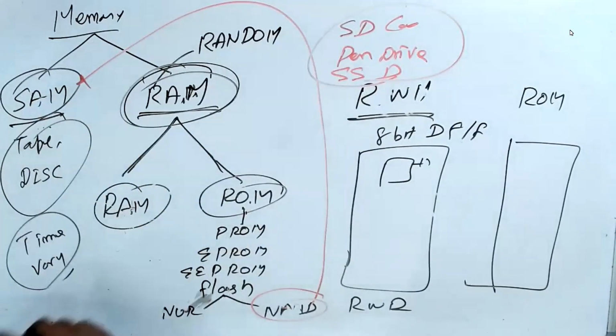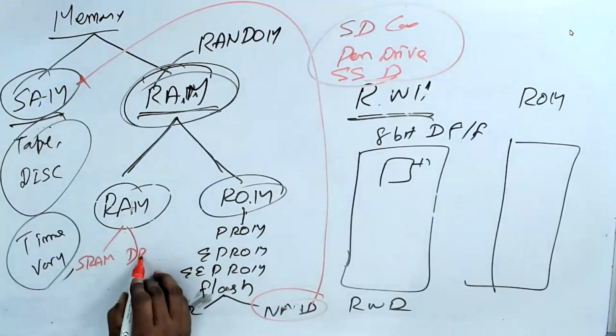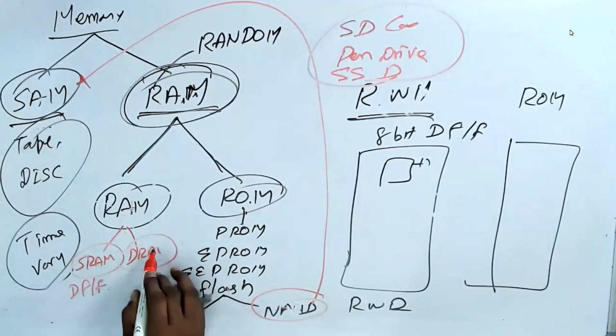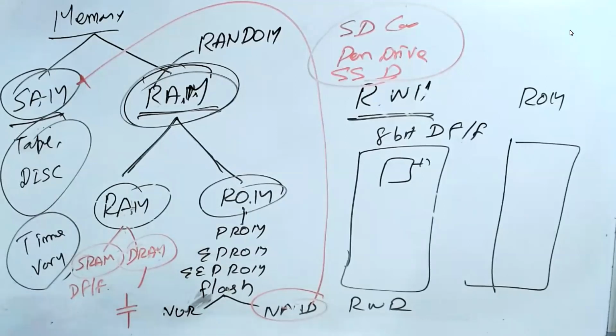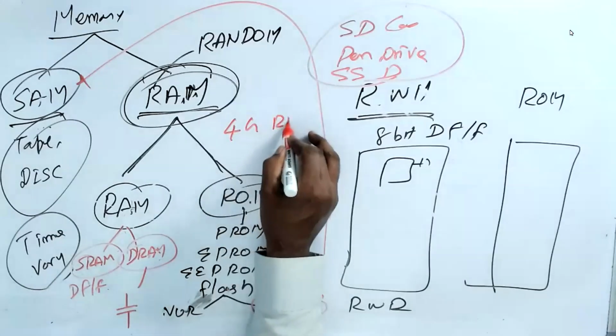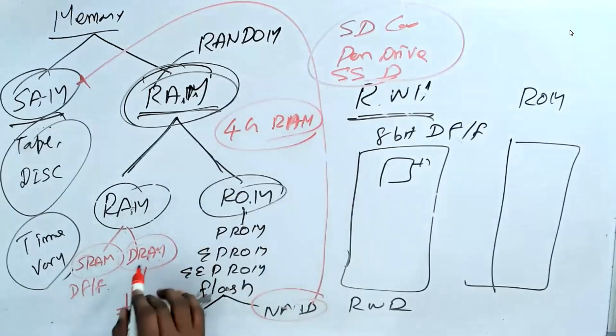I discussed that RAM has SRAM and DRAM. What is the difference? SRAM uses D flip-flops. DRAM uses a capacitor, because it saves a lot of space. That's why we use it. Let us say in your laptop or mobile phone, you say I have 4 GB RAM. That RAM is nothing but DRAM, not SRAM.